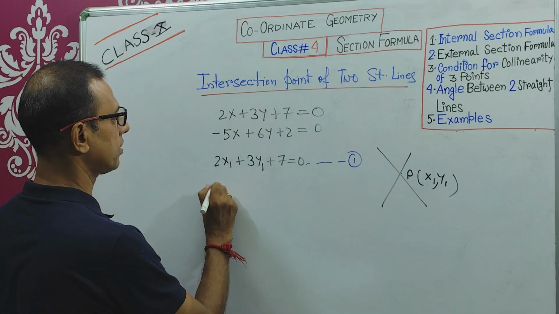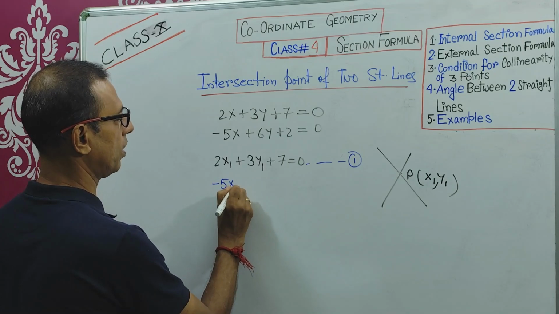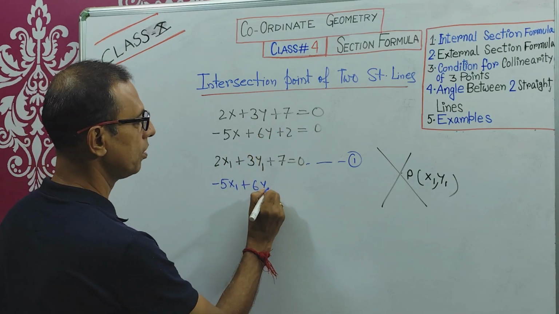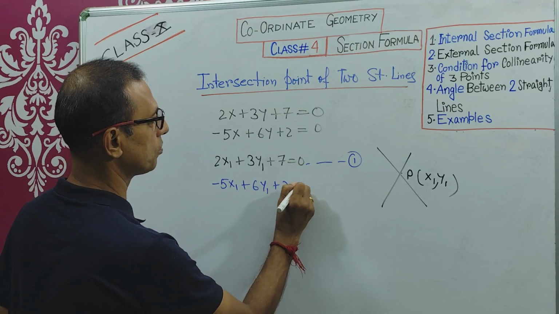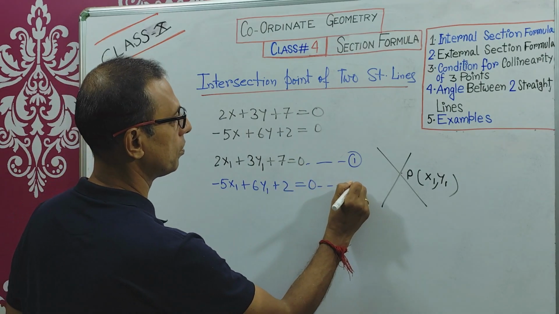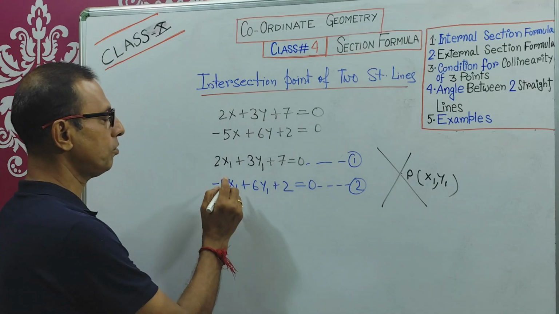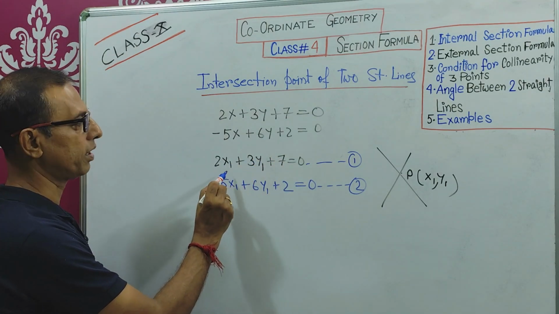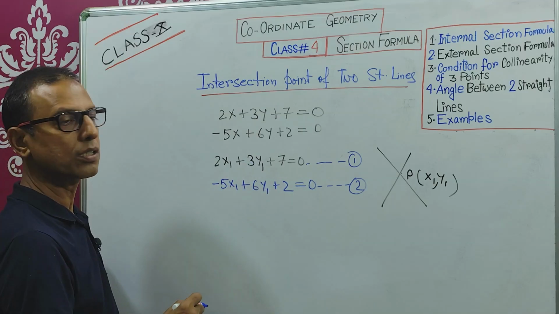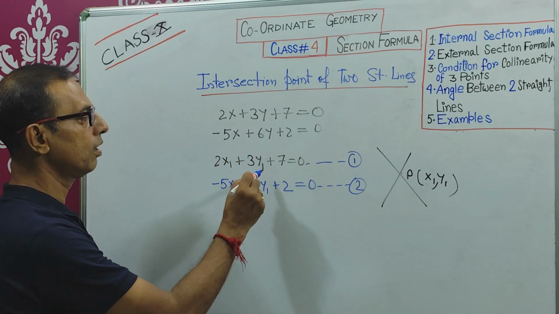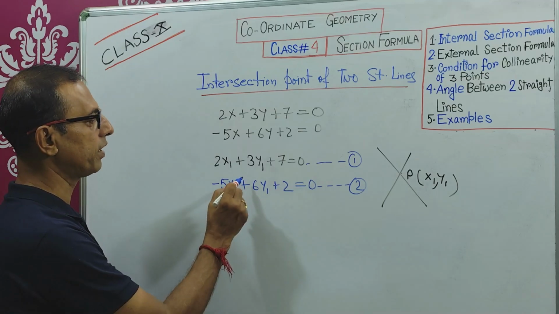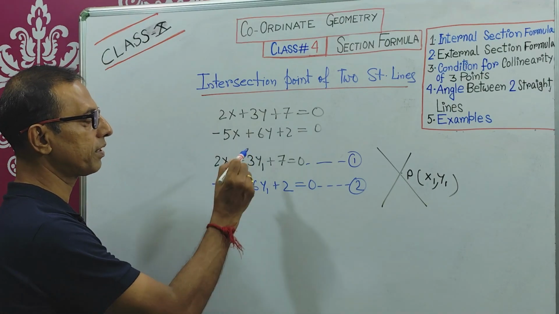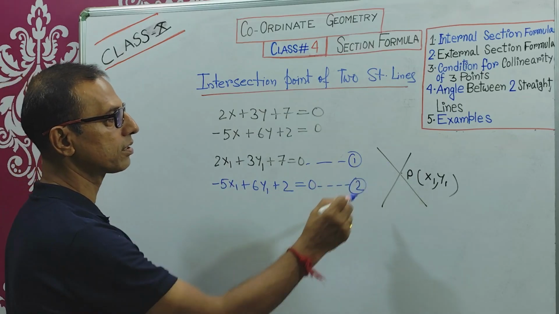Another equation is minus 5x1 plus 6y1 plus 2 equals 0, because it satisfies this equation too. Now you have two equations with two variables x1, y1, so you can easily solve them and find the values of x1 and y1. Whichever is the value of x1, y1, that is the intersection point.